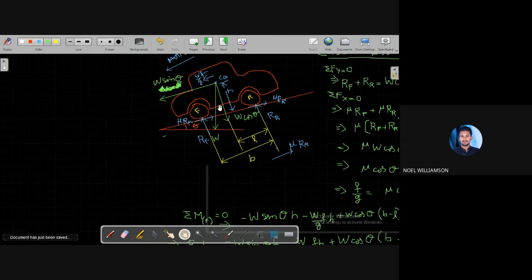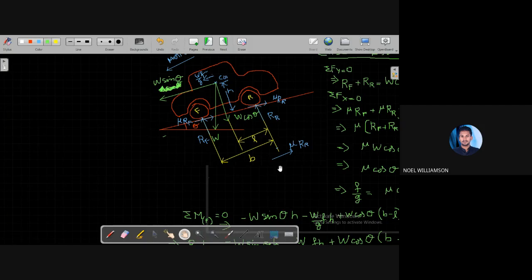Or if the vehicle is moving upwards, meaning we are considering an inclination like this, theta value will be negative. In that case, the cos theta term will not change, because cos theta and cos minus theta are the same, but only sin theta changes.